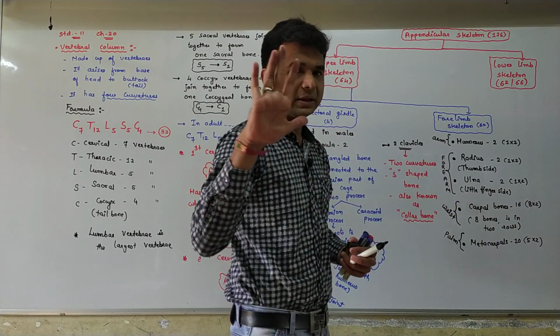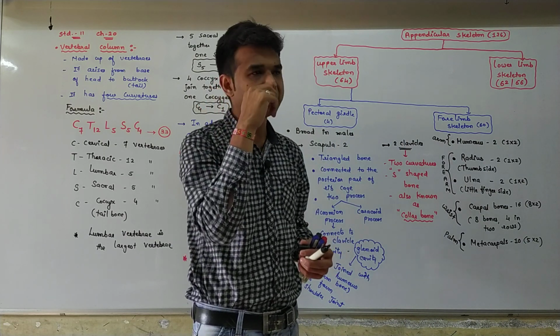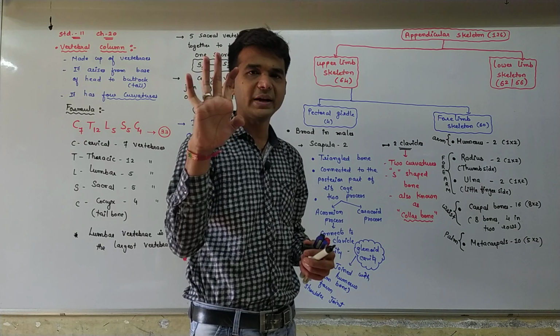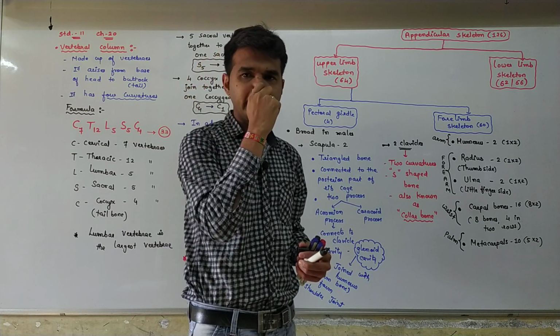And now the fingers. Actually here in the fingers 4 are there, but along with that the thumb is also included. Fine, we can count the thumb among the fingers.